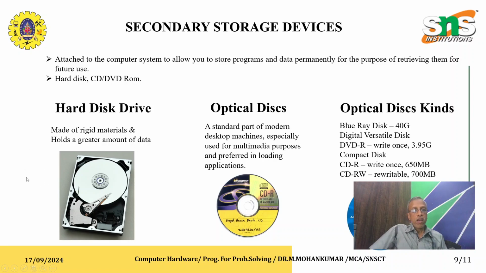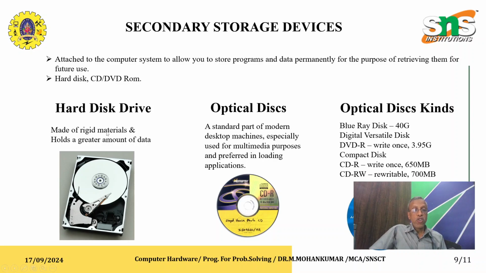This is called a hard disk. Apart from the hard disk we have optical devices, such as the CD, the compact disk and the optical disk. Apart from that we have floppy disks and pen drives. Nowadays we use pen drives, and flash memories are also among the secondary storage devices.